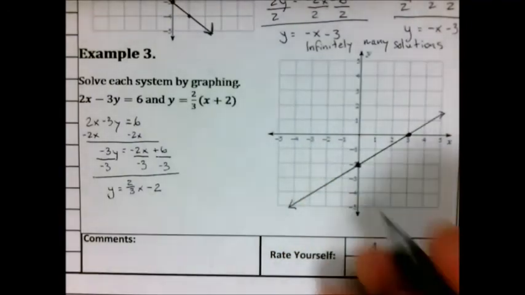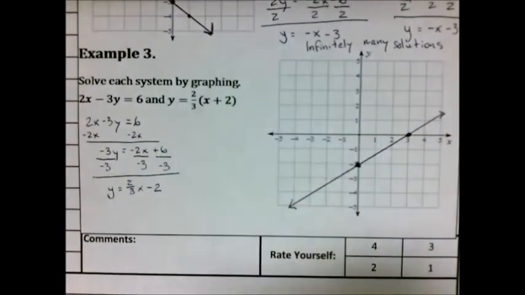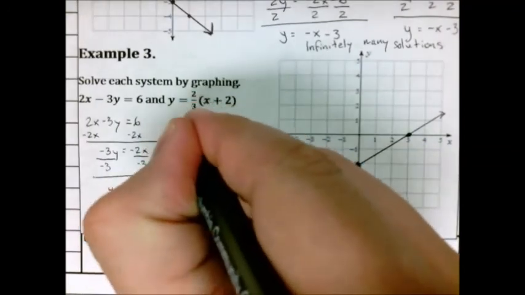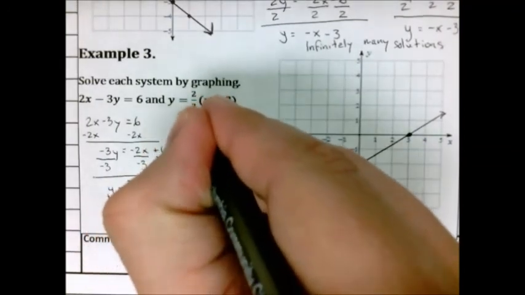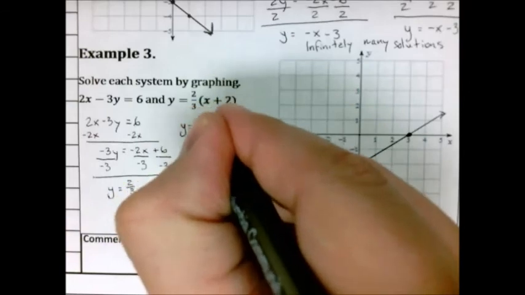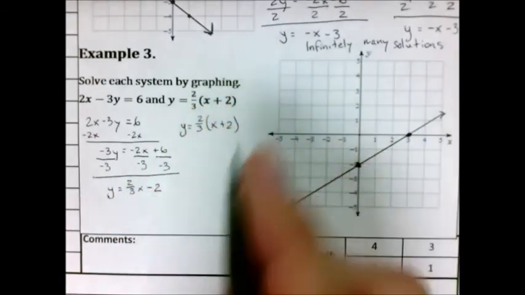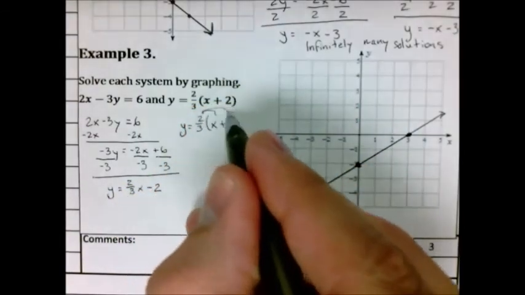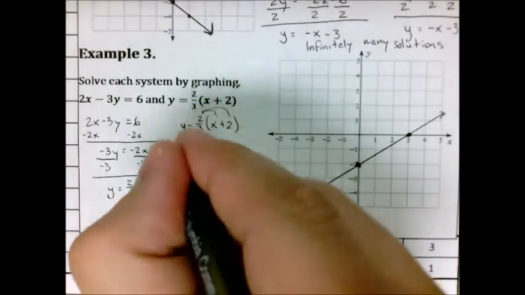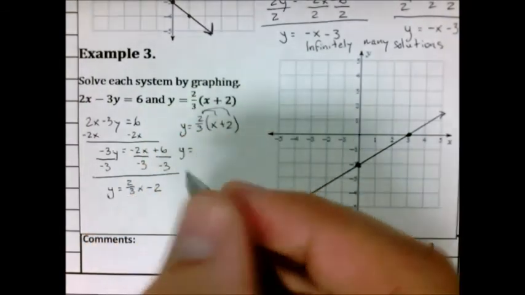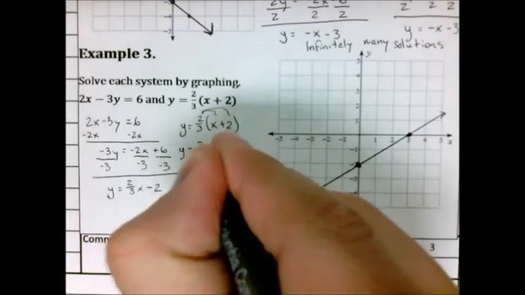And then we have to do the exact same thing to this other equation now by solving for y. Now y is already solved for, but we need to distribute that 2/3 into both terms here. So let's do that. We've got y equals 2/3 times x, which is just going to give us 2/3 x.